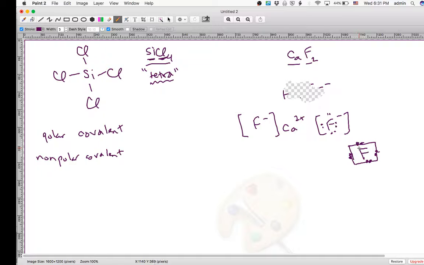The target number of electrons that almost every atom behaves as though it wants is 8. And a box conveniently has 4 sides, and 4 times 2 is 8.